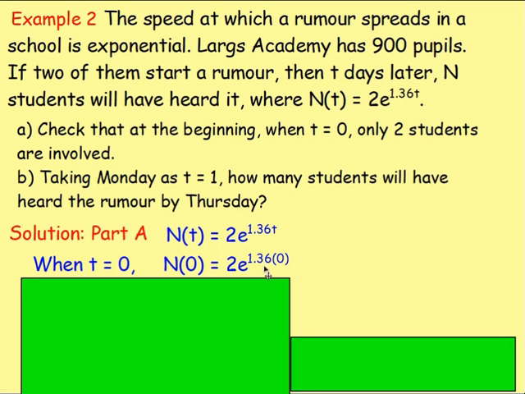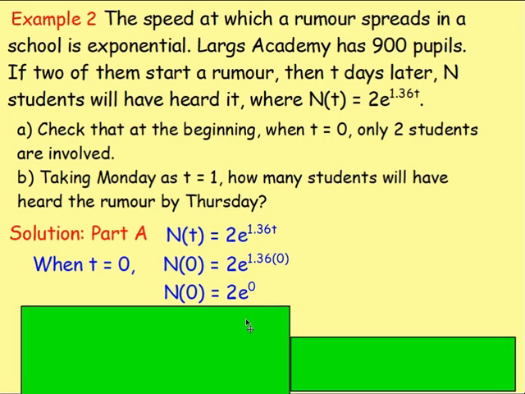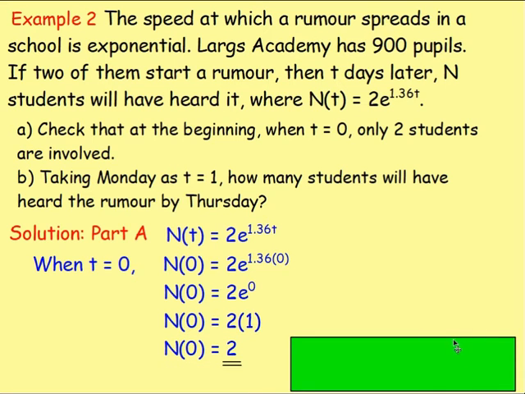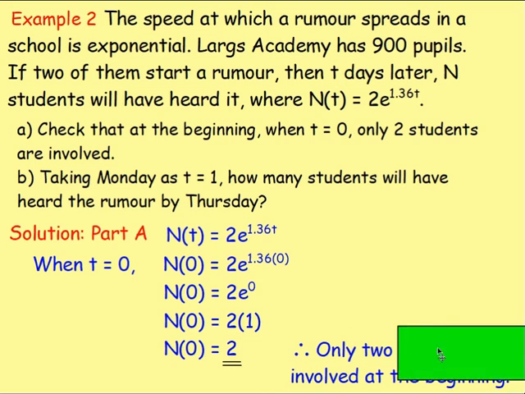Anything times 0 is 0, so it becomes 2e to the power of 0. Anything to the power of 0 is 1, so we'd have 2 times 1, and obviously 2 times 1 is 7. I'm joking, it's 2. So you can say that there are only 2 students involved at the beginning.